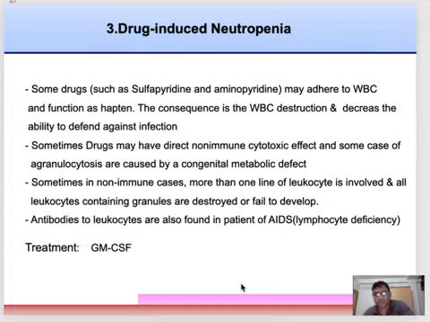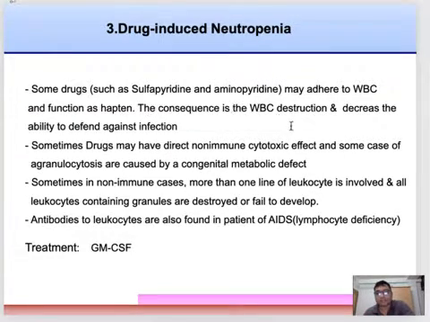The third disease was drug-induced neutropenia. If you remember, drug-induced hemolysis can occur, right? Similarly, there are some drugs such as sulfapyridine and aminopyridine that may adhere to white blood cells and then function as haptens.